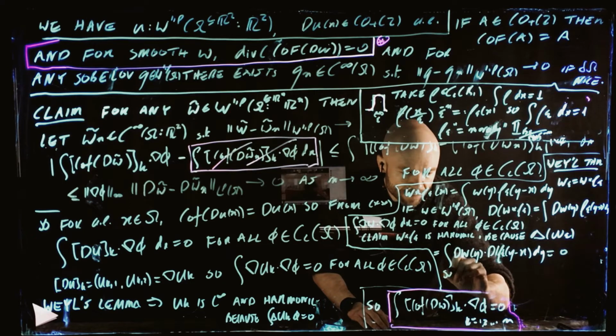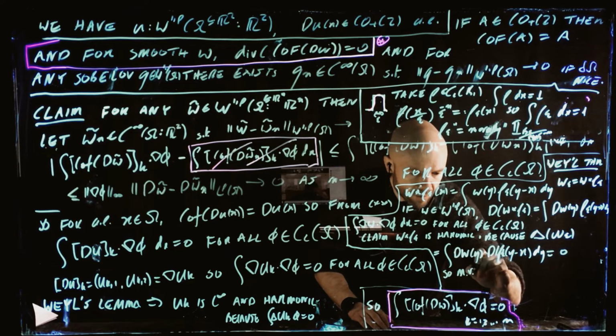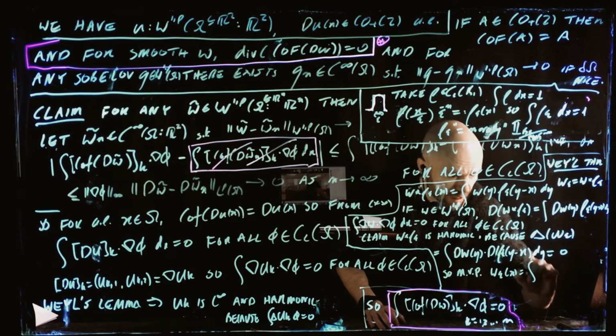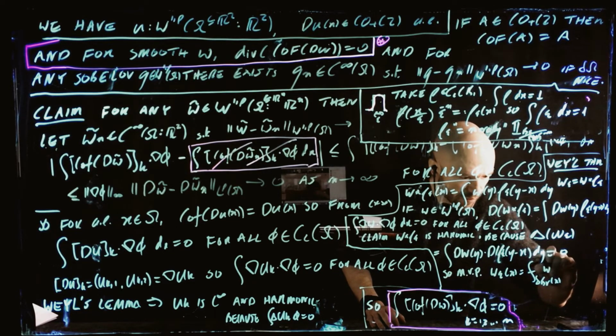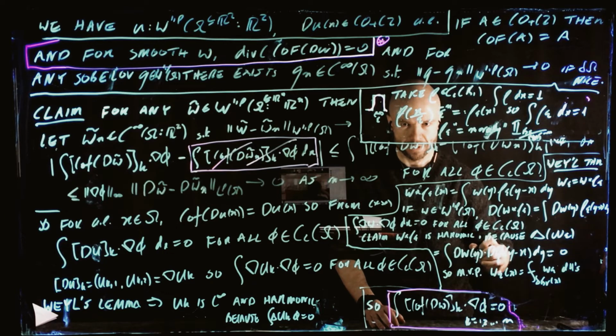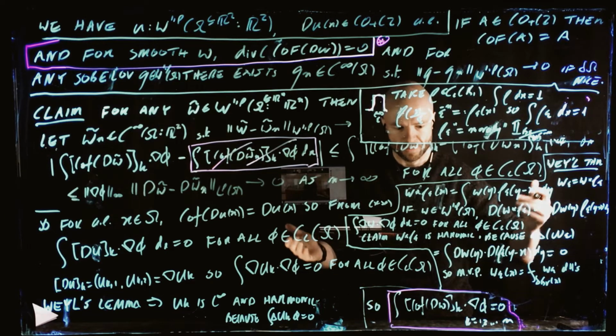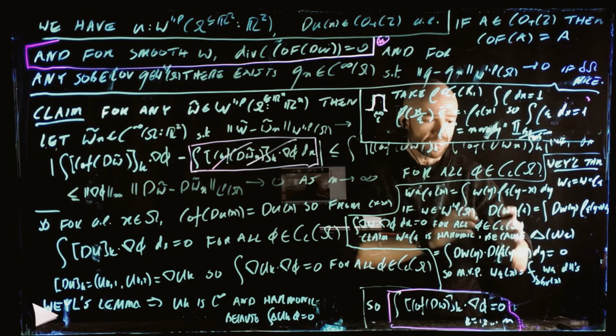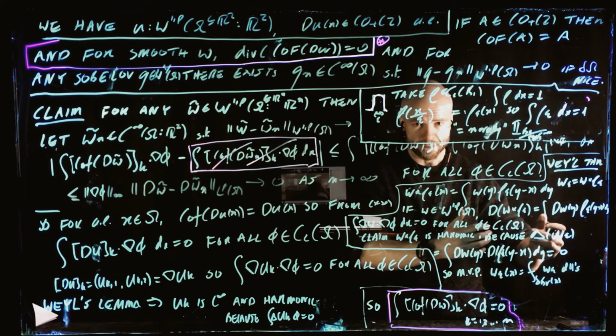So mean value property: W epsilon of x is the average around a ball of radius r of x of W epsilon, whatever, dH1 of s, like this. Okay. That's because these things are harmonic. Yeah? But these guys tend in a strong sense to the actual function. Yeah?